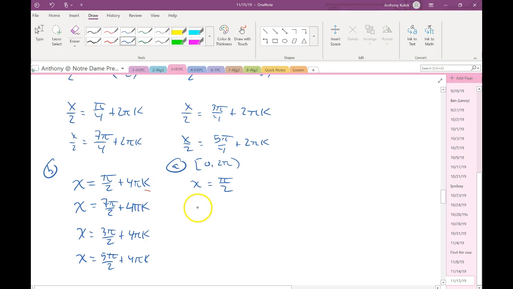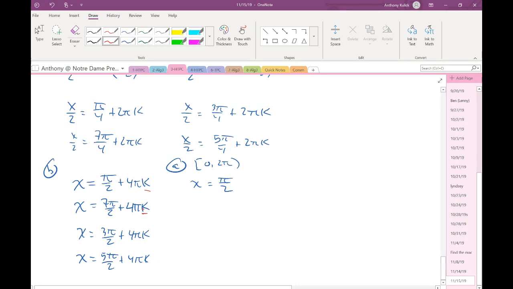Okay. If I go to the next one, if I pick k to be 0, too big still. Everybody agree with that? 7 over 2 pi, that's 3.5 pi, way too big. If I pick k to be negative 1, I'm going to get negative pi over 2. Too small. That one gives me no answers.